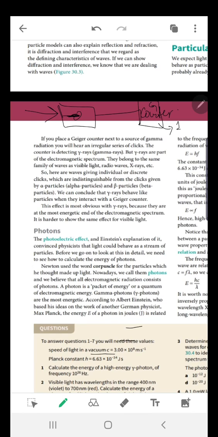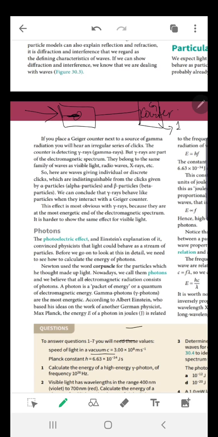They are from the same family as your visible light, but of far higher intensity, or you can say far higher energy. If something is getting counted, we say that that particular thing is discrete, and it's not in the form of a complete wave. If discrete things are there, it is more likely to be a particle.